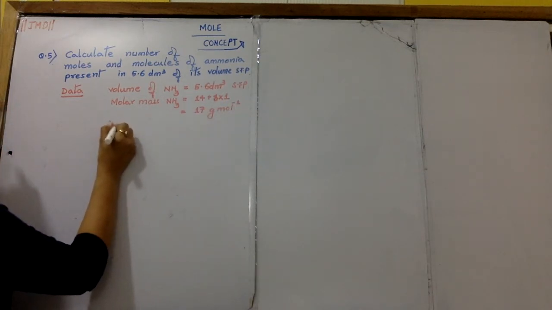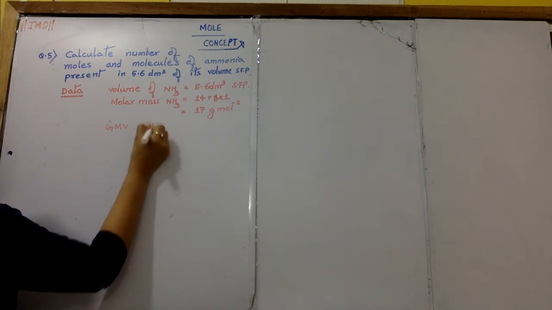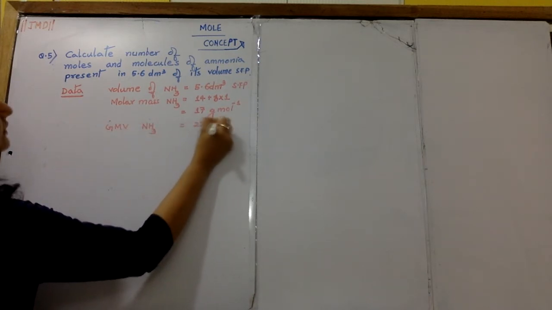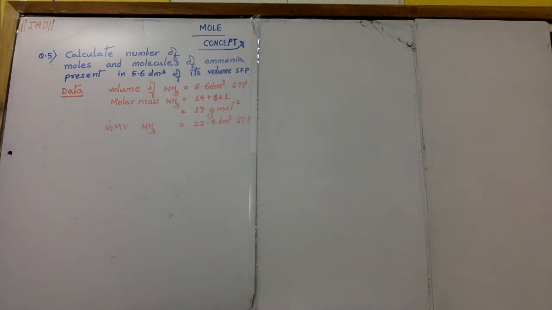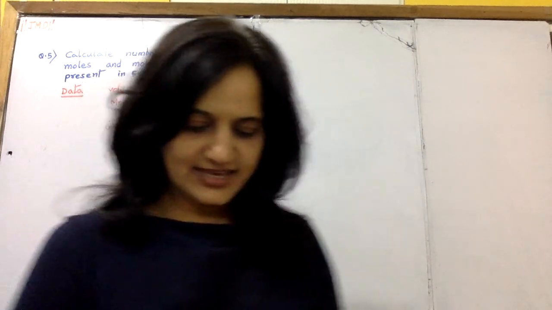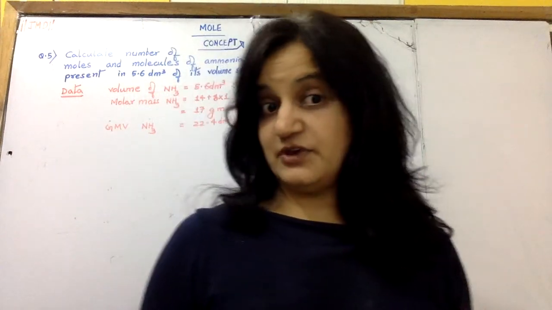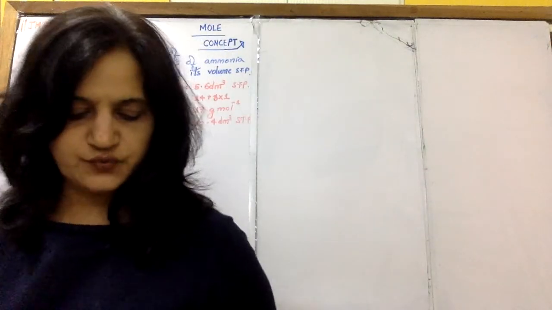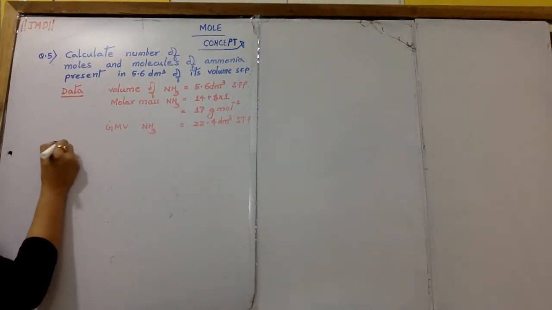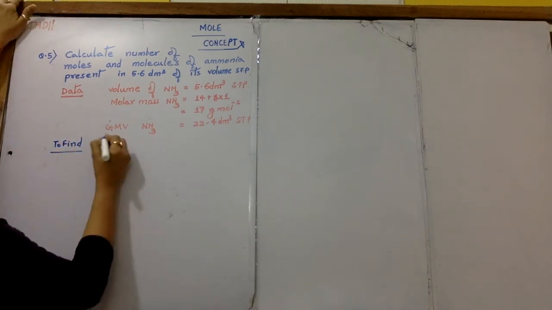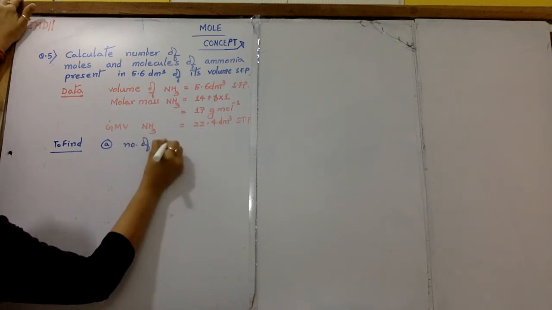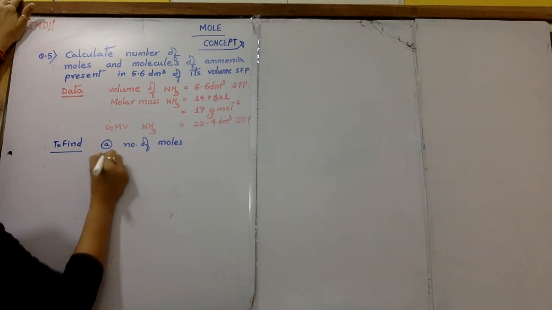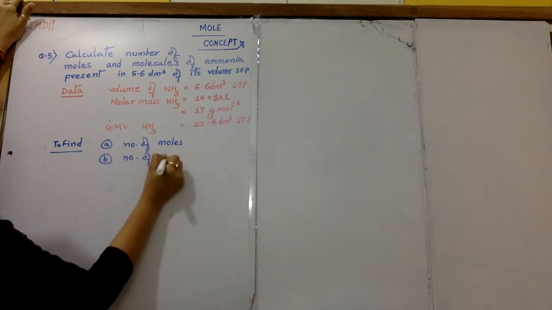What about gram molar volume of ammonia? Obviously 22.4 dm cube at STP. So these many things we already know. Now let us proceed further to find two things: number of moles and number of molecules.